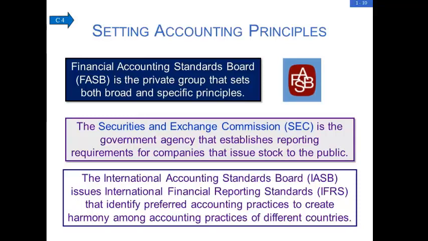Another organization would be the Securities and Exchange Commission. That is a federal agency that has oversight over all publicly traded companies. Publicly traded companies are ones who sell ownership on an open stock exchange. So that would be a company like Microsoft.